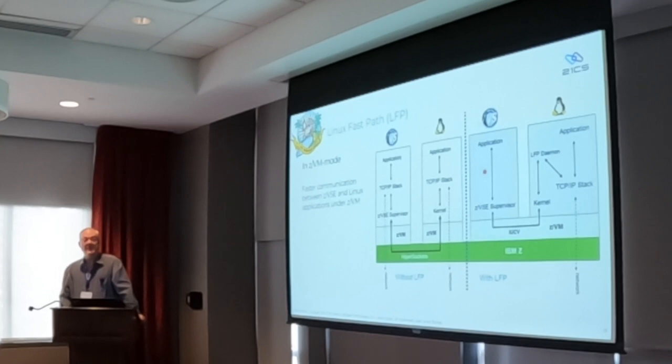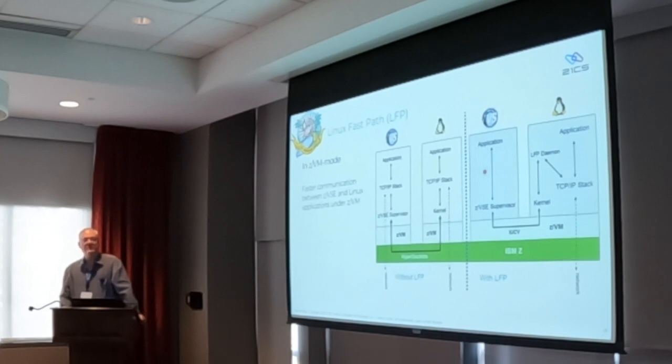You can see on the left-hand side of the picture that this is basically a way that you could talk to a Linux running on VM through hypersockets, but if you went through Linux FastPath, you didn't even have to go down to the hypersockets level. It was just through the IUCV in VM.